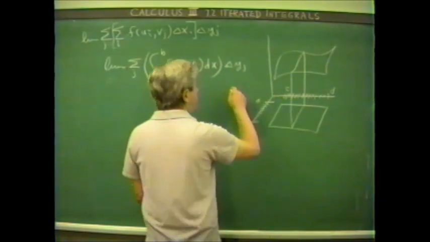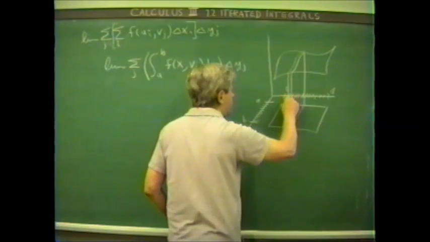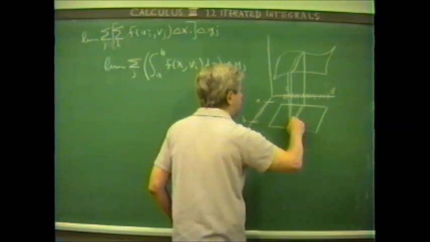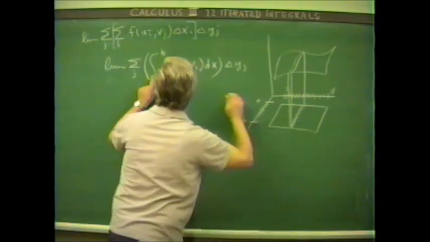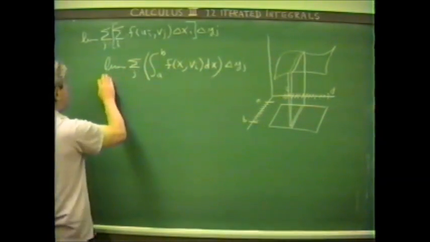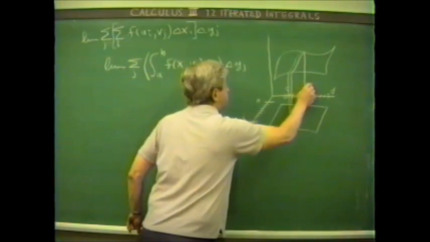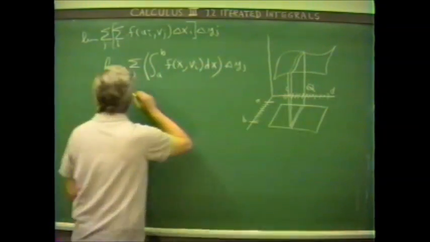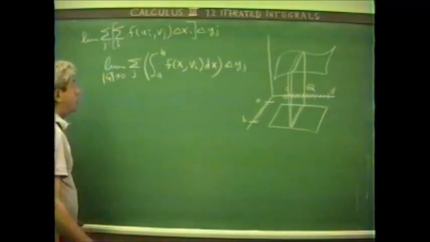And now you can think of this as follows. What we're doing, instead of taking the original sum, taking a small lamina here, we're taking the area of the lamina times delta y, and we're summing this up over j, and we're letting the partition, if this partition here is q, let's say, we're looking at the limit as the norm of q goes to 0.